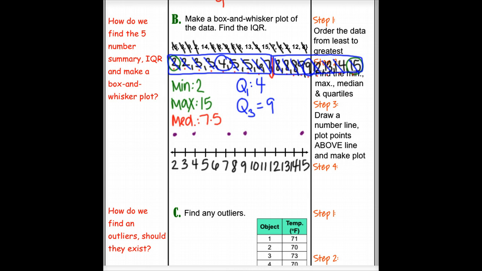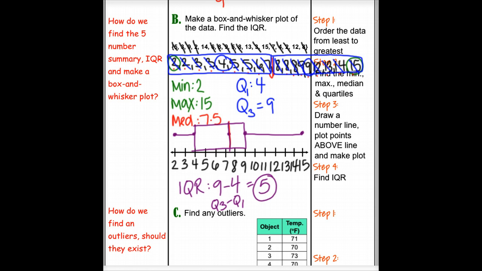So I connect the whisker here, then I'm going to make my 3 lines for my box, and then another whisker out here, and I have my box and whisker plot. For the IQR, I'm going to take 9 minus 4, because it's quartile 3 minus quartile 1. So my interquartile range is 5, and we have our box and whisker plot.